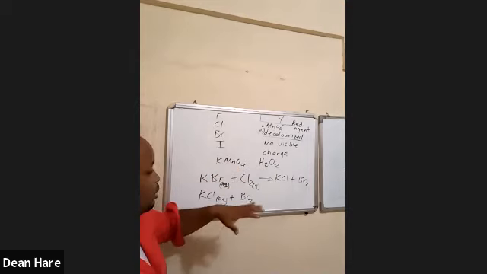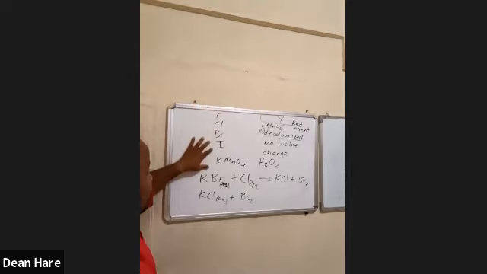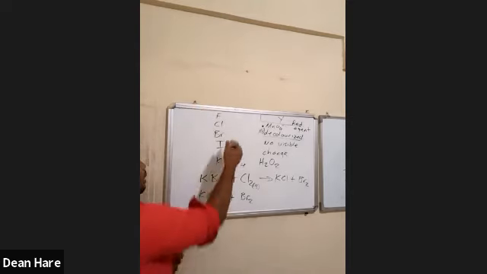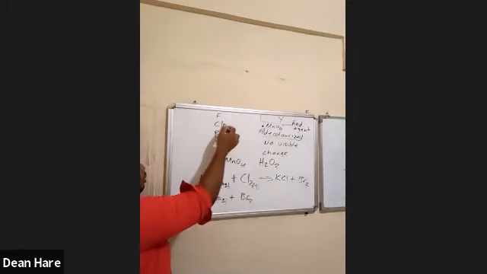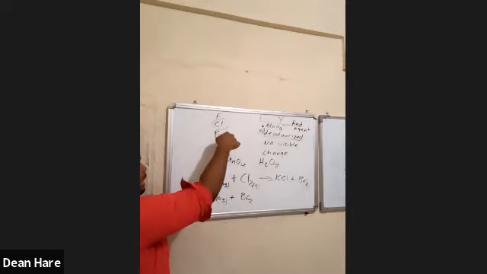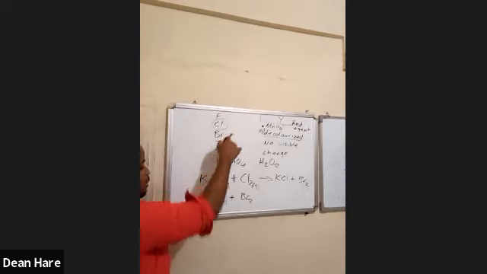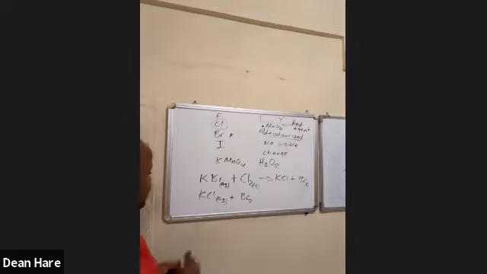When it comes to a rule, it would work like with group 7. Bromine would not be able to displace chlorine. It's the one above that will displace the one below it. This reaction here is a redox reaction as well.